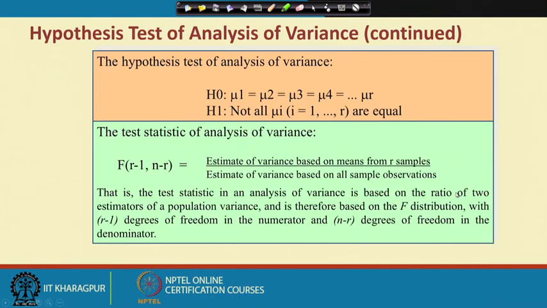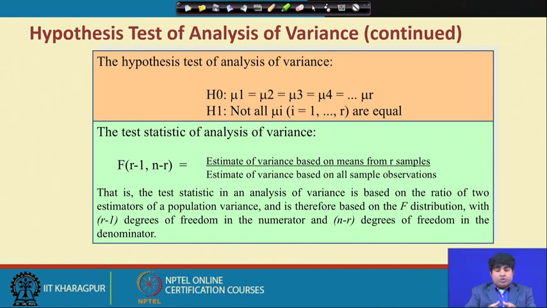With these conditions, the hypothesis testing for ANOVA is like this. We are testing whether the sample means are different from each other. Since we have multiple samples drawn from different populations, the null hypothesis is that their population means are equal, and the alternative hypothesis is that they are not equal.